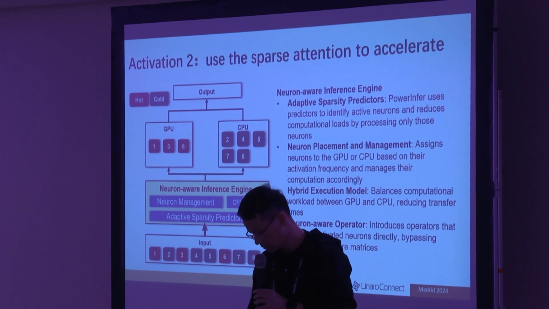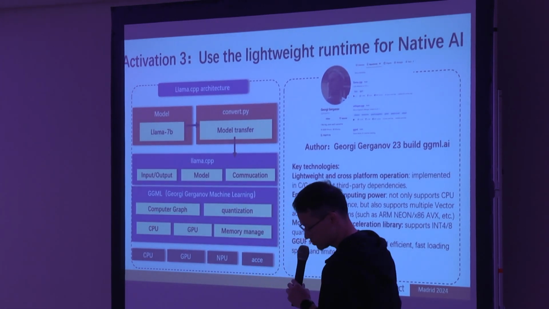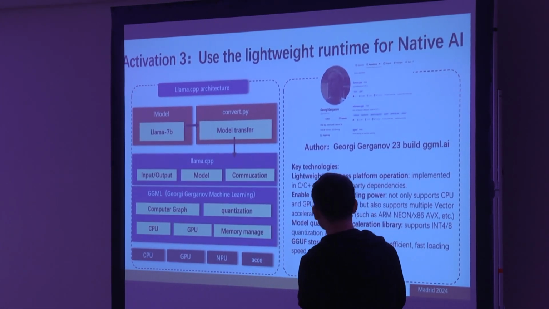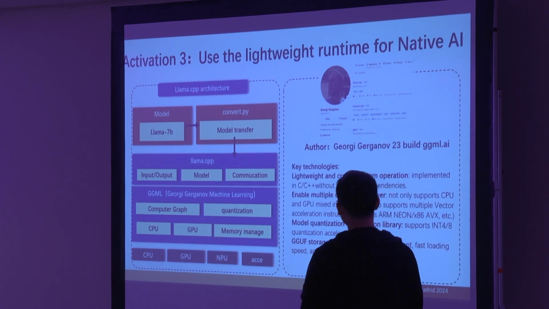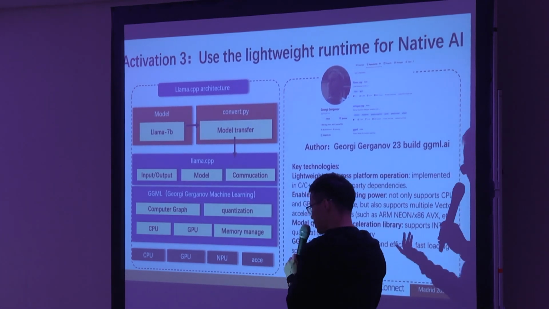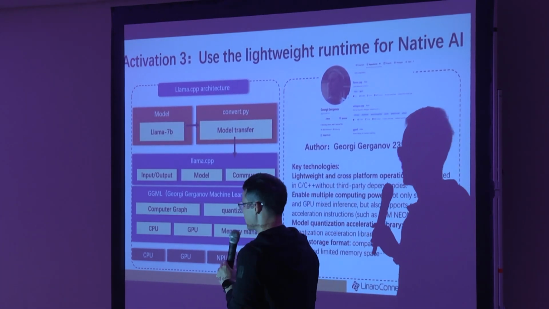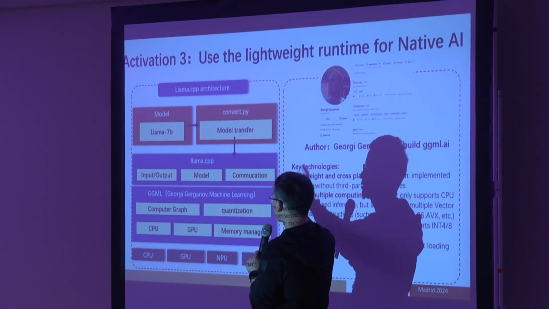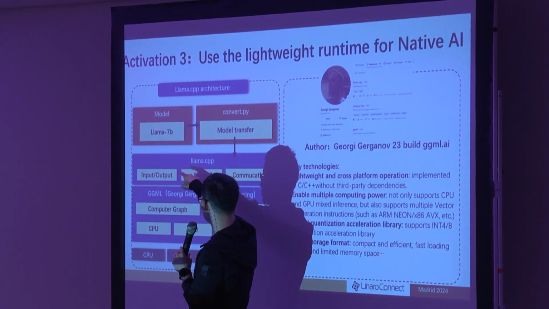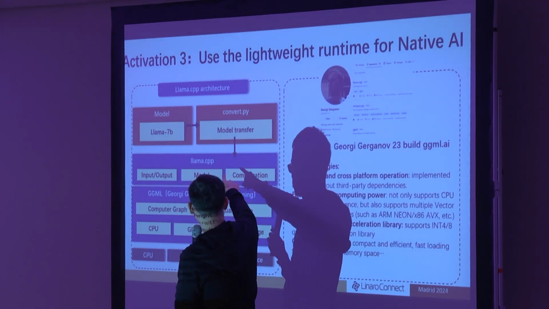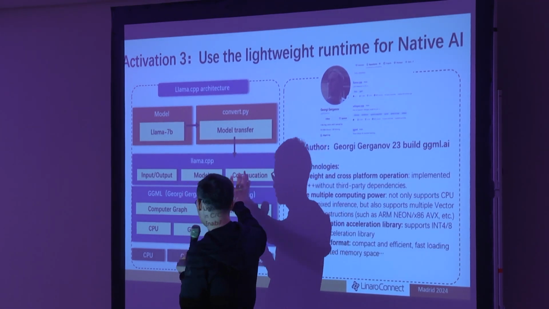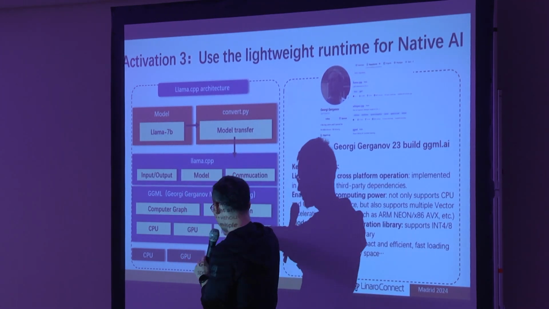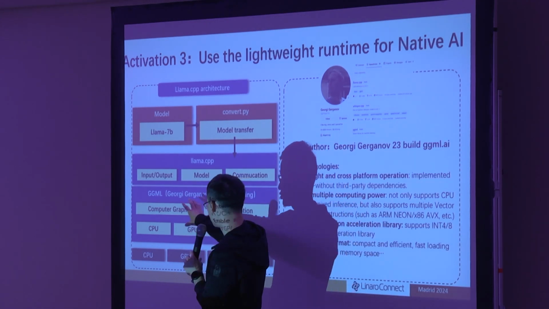And activation 3 uses a lightweight runtime for native AI. This is from llama.cpp. llama.cpp has been very, very famous recently, in the last half year, and it has released several versions. Just like it takes a 7 billion parameter model to llama.cpp, and it could run directly on a smart device platform, by GGML.